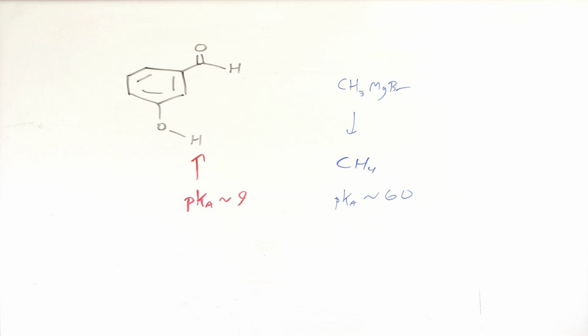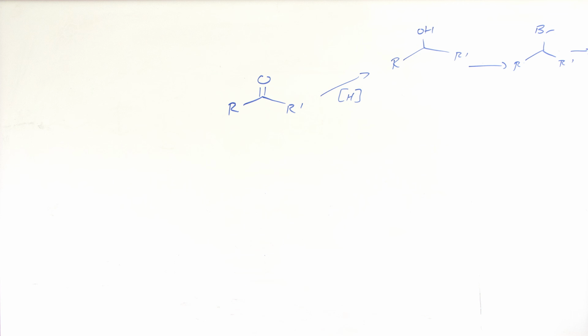So, with some very basics out of the way, let's look at a few of the things we can actually do here. Well, we can get to alcohols. That much we know.